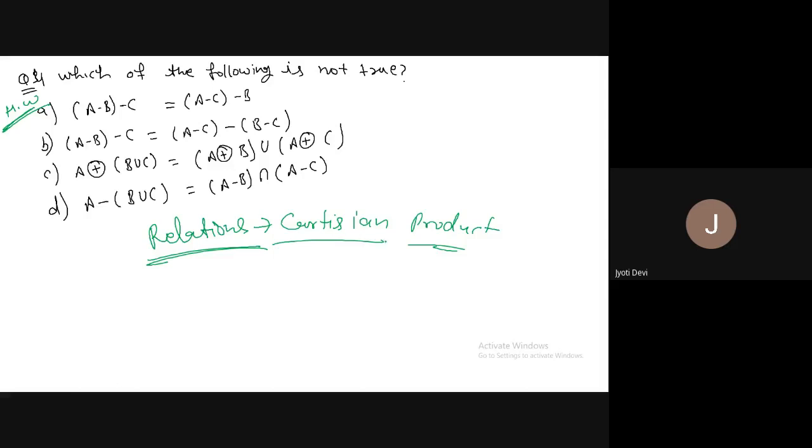Just give your answer. Anybody have an idea? Yes or no? If you don't have, then type no. Ma'am, set of all ordered pairs that is present in set A and set B. Good.